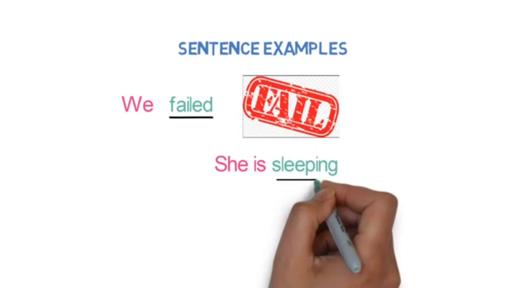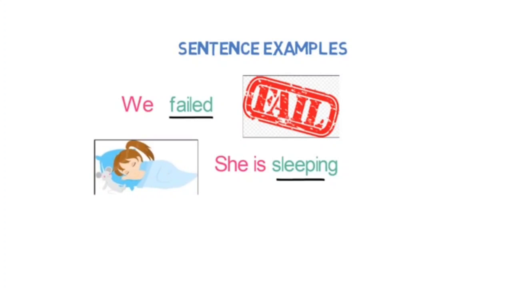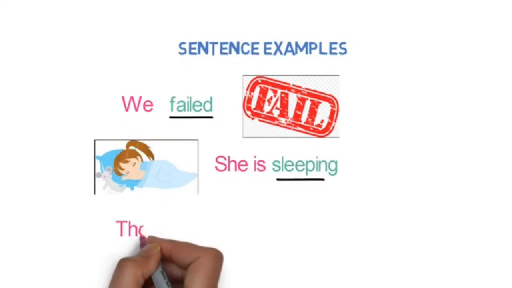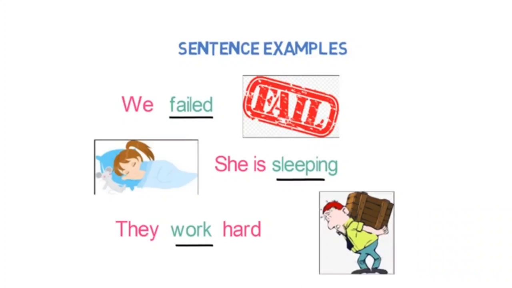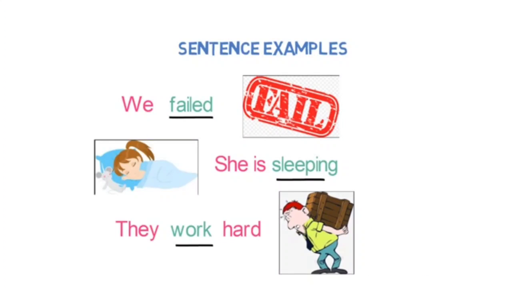Here, sleeping is an intransitive verb as there is no direct object linked with it. Let's look into one more example. They work hard. Here also, work is an intransitive verb as there is no direct object after work. So I think now you are clear about intransitive verbs.